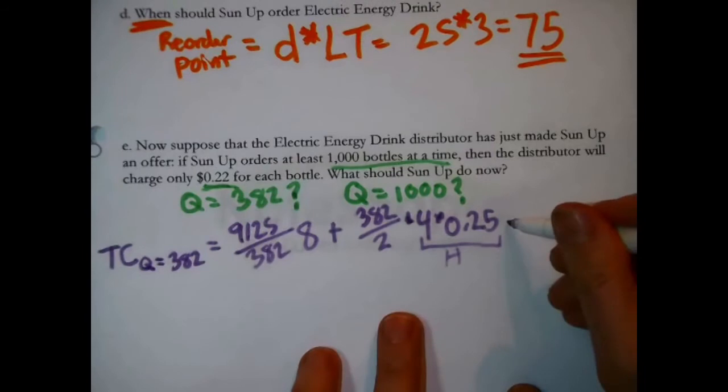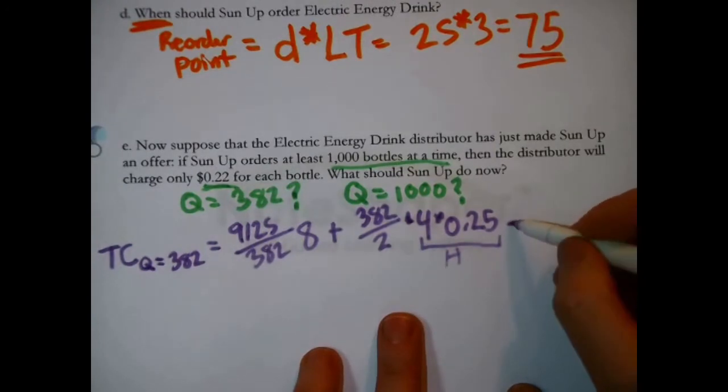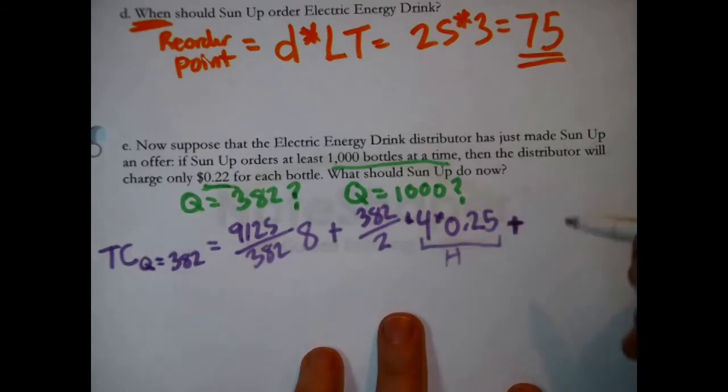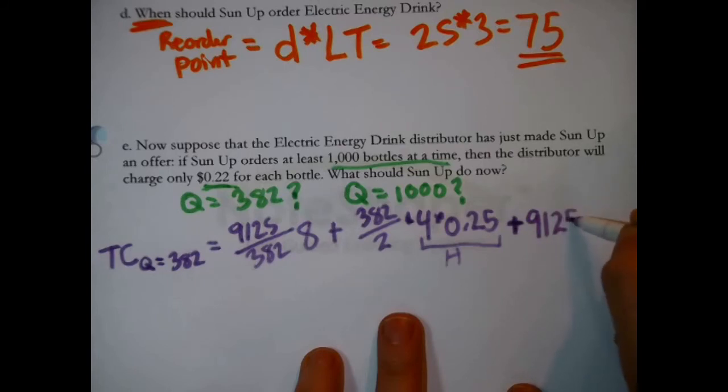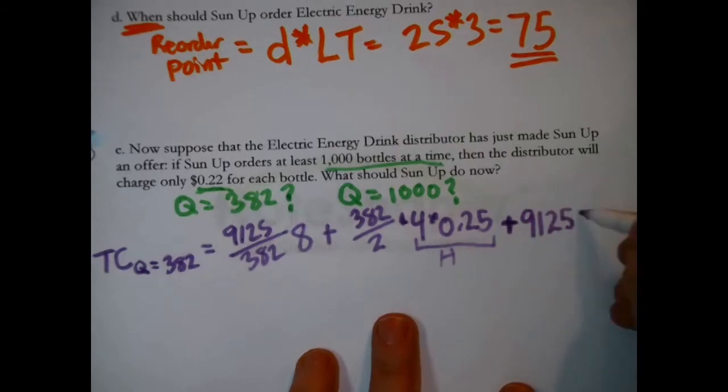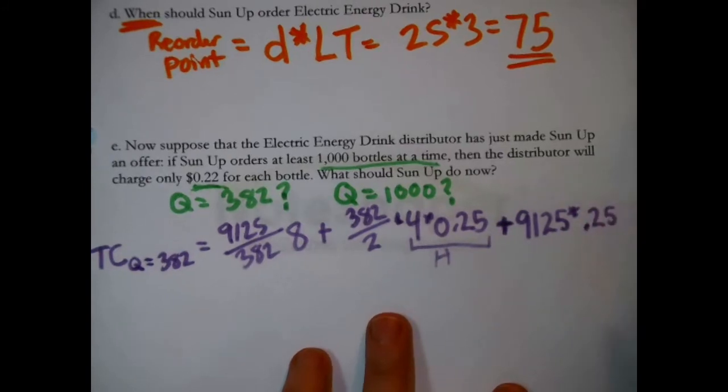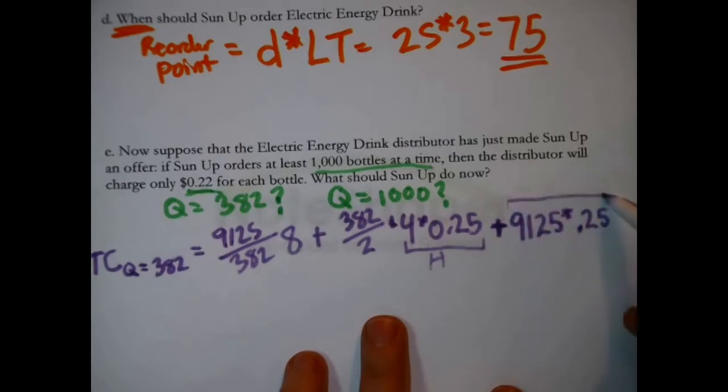This time, though, and only this time, since we're talking about a discount for volume, we need to include the purchase cost, which means we need to include the fact that you are going to buy 9125 of these, and if you buy them 382 at a time, they are going to cost 25 cents each. So, only here, purchase cost.